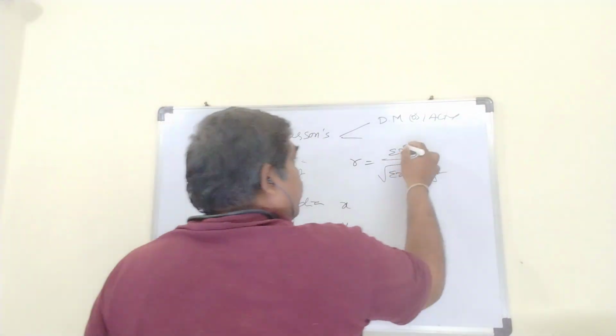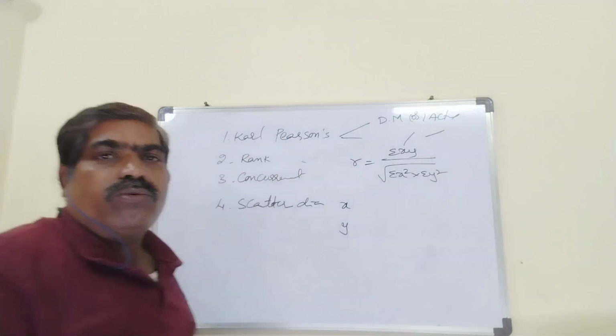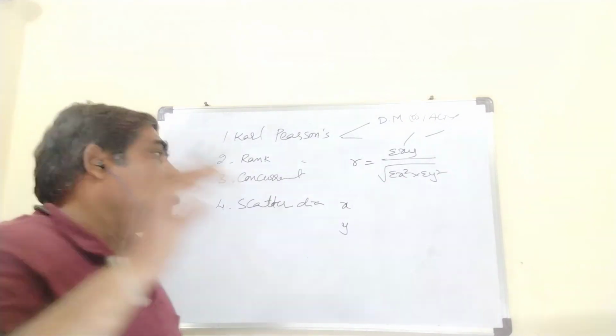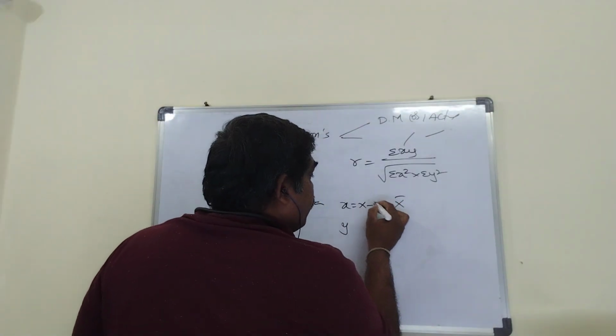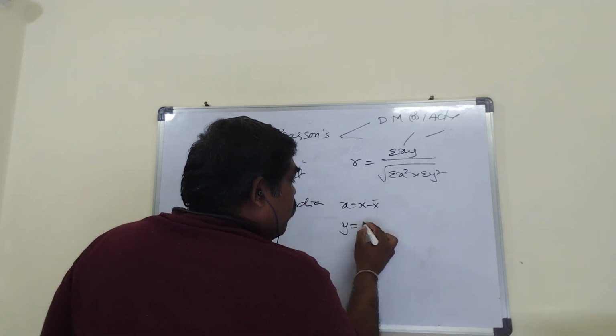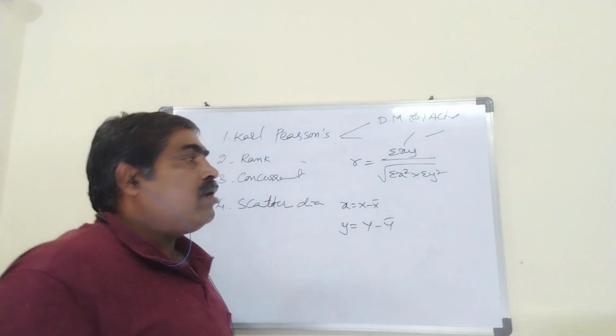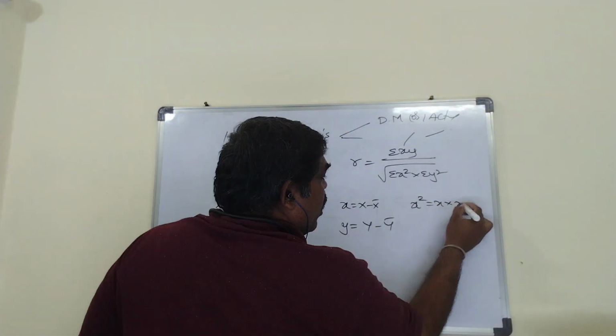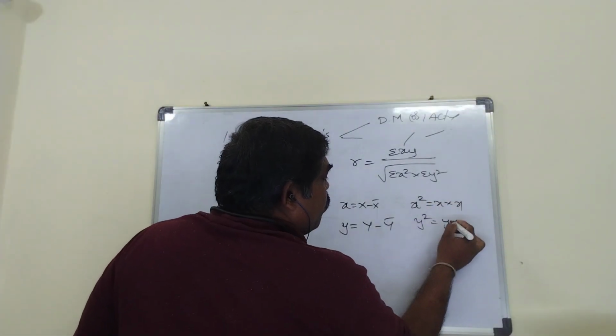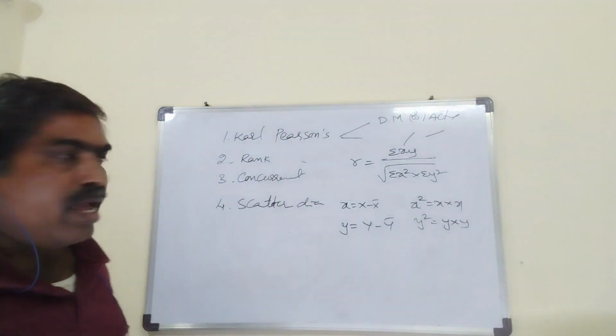First we calculate the means of the two series, the arithmetic mean, to get x bar. So x equals X minus x bar, y equals Y minus y bar. x square equals x into x, and y square equals y into y. This is what we have to calculate.